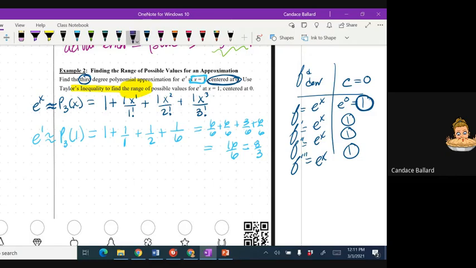So my error is my remainder at 3, because that's how far out they had me go. So I know I have to go 1 beyond. So what's 1 beyond? What derivative am I looking at? Can you guys tell me that in the chat?